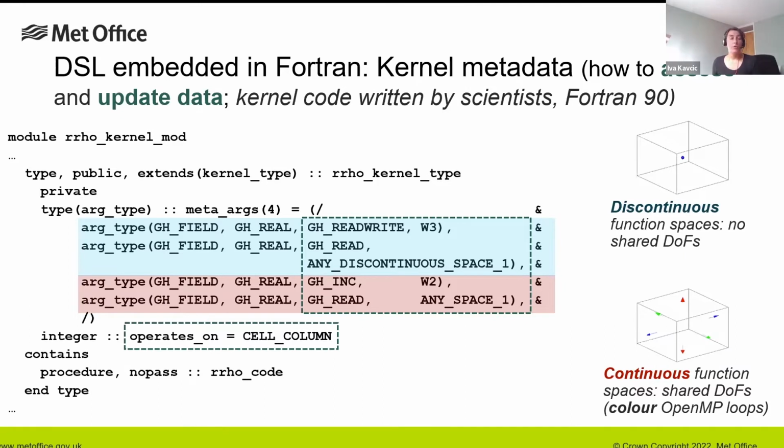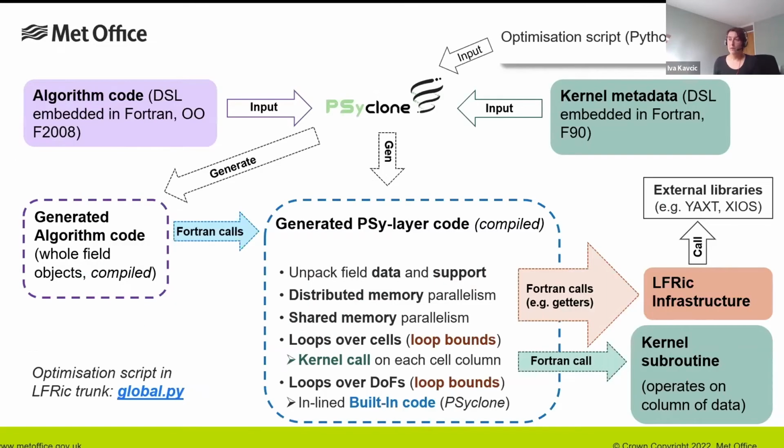And the very important one, which is the continuity of the function space, which in data layout speak means that we either share data points between cells, and we need to be careful how to update them, which are the continuous function spaces, or we don't, which are the discontinuous function spaces.